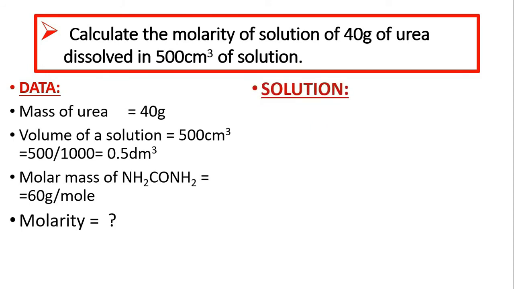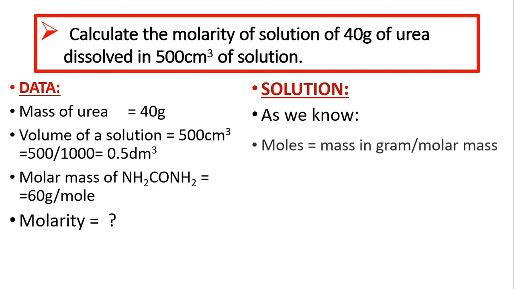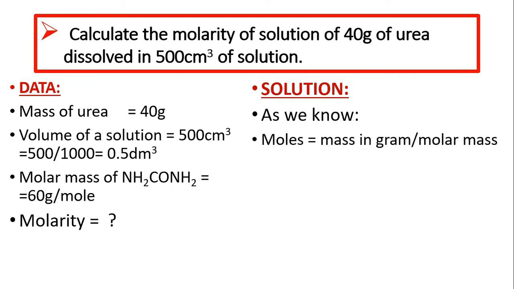Now our solution. As we know, moles is equal to mass in gram divided by molar mass. Students, we have the mass of urea, 40 gram. We don't have the number of moles. So first we will find the moles, then we will put them into the molarity formula. By applying the formula of moles, we get the number of moles of urea.